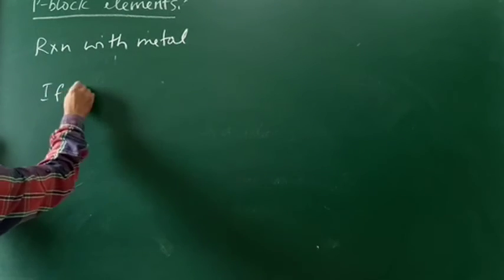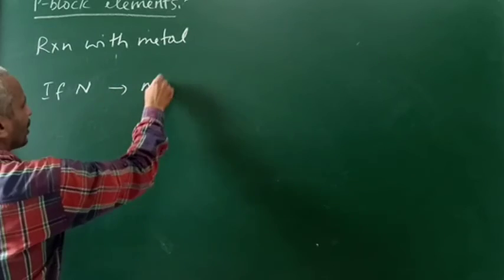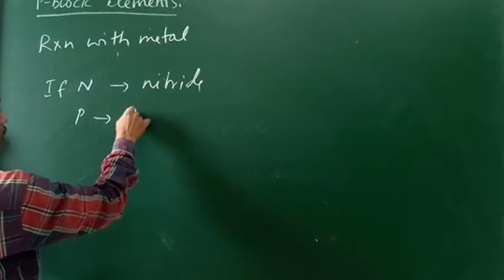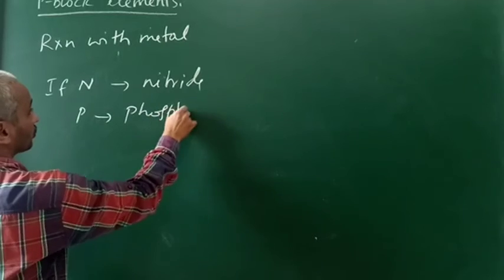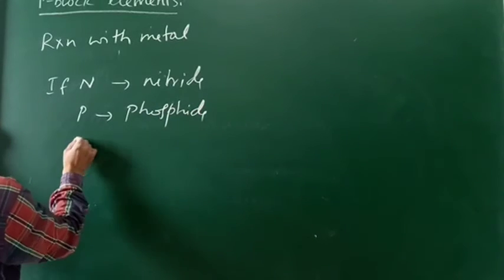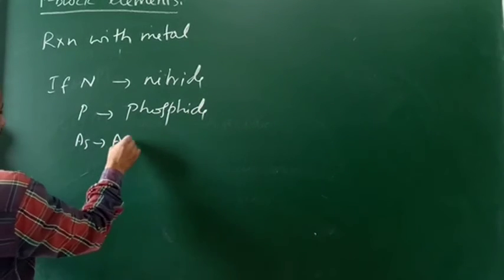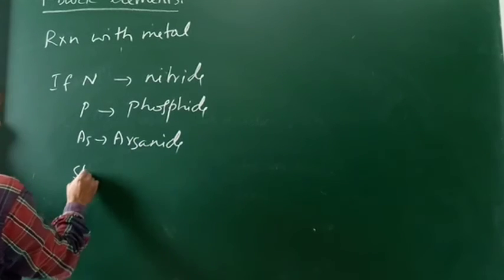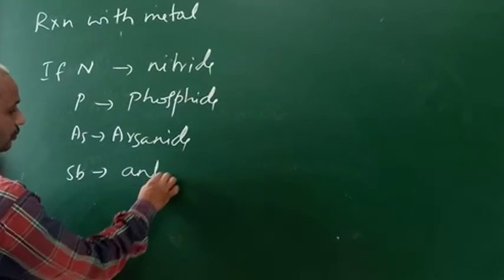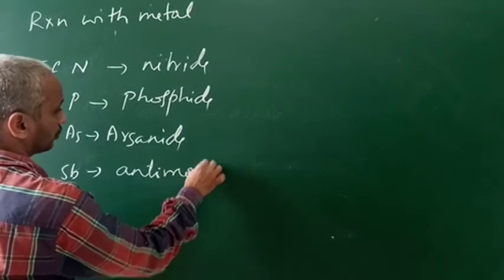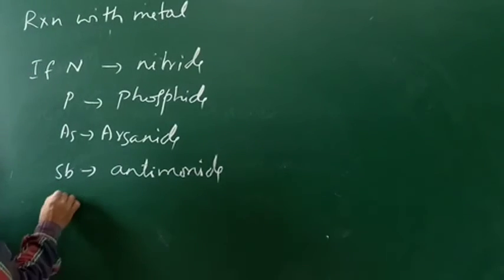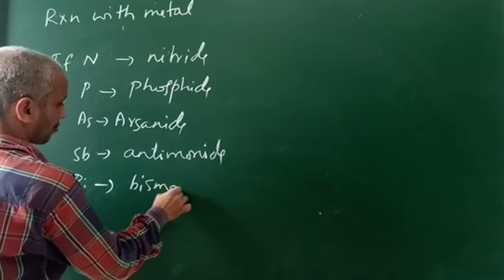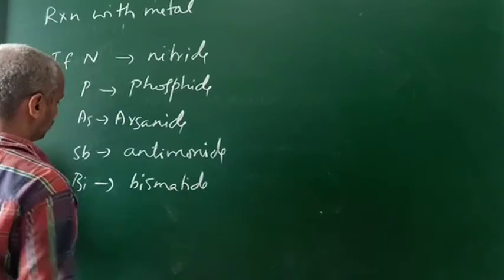If nitrogen, then nitride will be formed. If phosphorus, phosphide will be formed. If arsenic, arsenide. If antimony, antimonide. If bismuth is there, bismuthide will be formed.